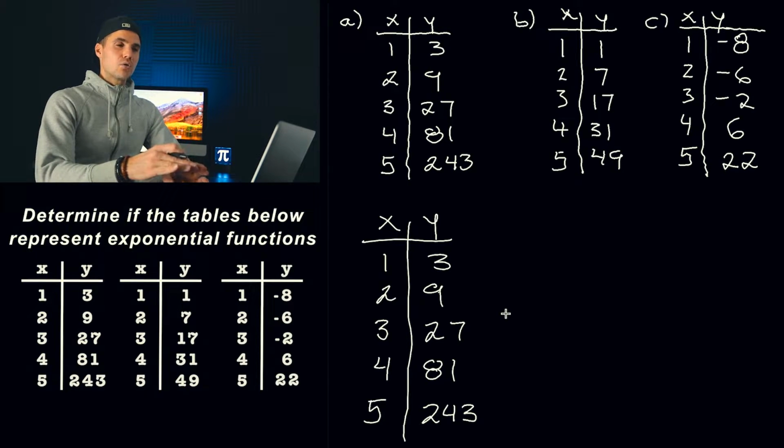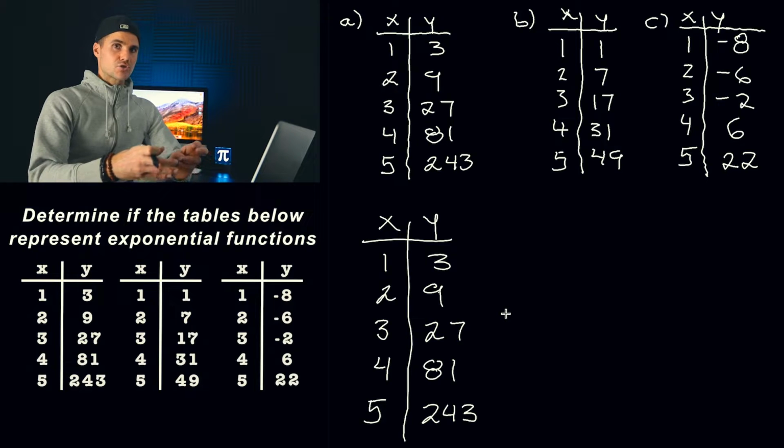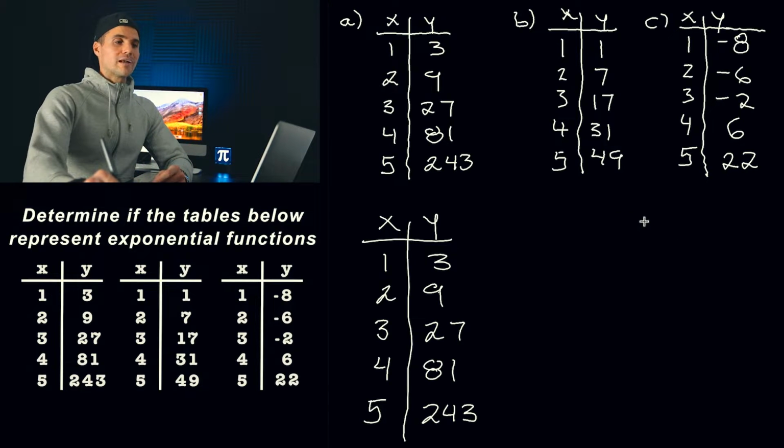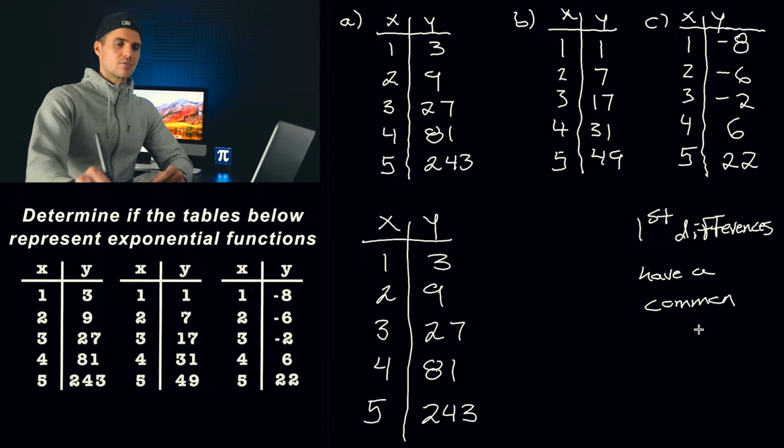So how do we know, what's the general rule that we can use all the time to know if it's an exponential function or not? Well, it's that the first differences have a common ratio.